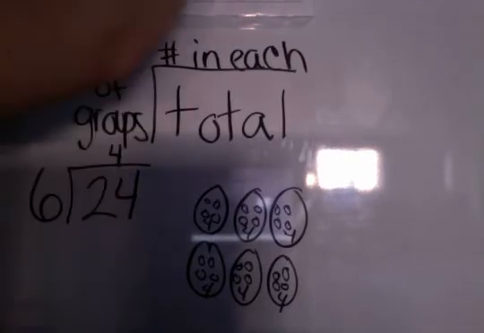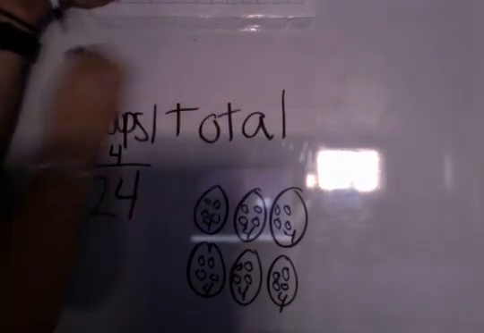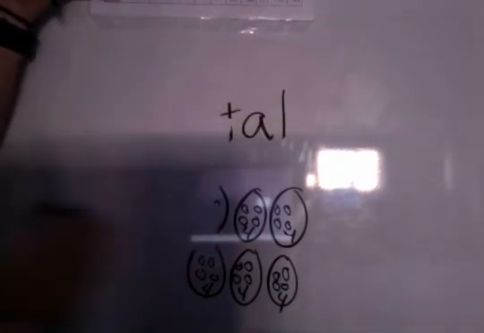Let's go ahead and take a look at how we could solve our division problems using our multiplication table. Because remember, our multiplication table, or multiplication, is related to division.